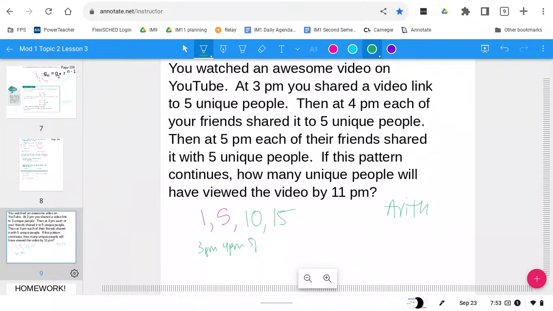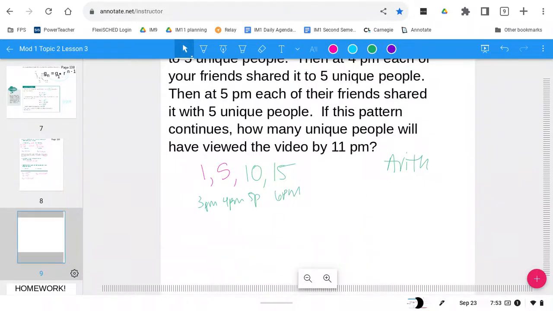So that's 4 p.m., 5 p.m., 6 p.m. I need to figure out what term I'm trying to find. So this is my first term, my second term, my third term, my fourth term. So I'm kind of 2 back from the time. So if I take my time, which is 11 p.m., and add 2 to it, I'm trying to find the 13th term.